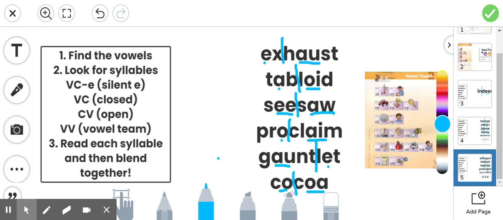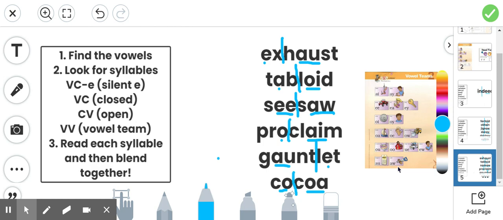Proclaim, proclaim. Gauntlet, gauntlet. Cocoa, cocoa. So we have exhaust, tabloid, seesaw, proclaim, gauntlet, and cocoa.